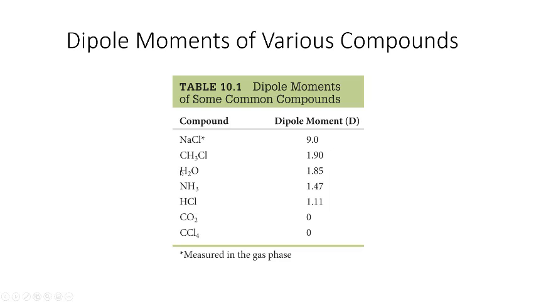So when we take a look at many different molecules here, we can see that when we're dealing with ionic salts, the dipole moment is absolutely enormous because we're dealing with charged particles. And then when you get to your molecules, you can see that the more lone pairs that you have and the more polarity that you have, the higher your dipole moment is going to be. And then our nonpolar molecules, CO2 and CCl4, have a zero dipole moment.